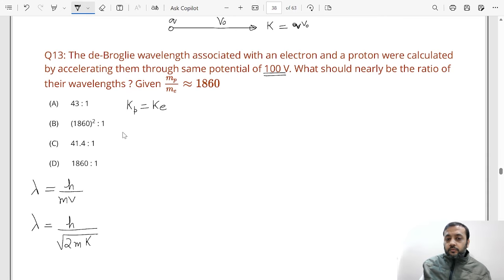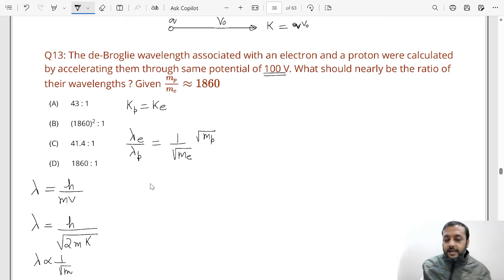All right, so h is the same for both because h is Planck's constant, and K is the same for both. Only mass is different. Lambda of the first particle is electron, second particle is proton. That means lambda of electron to lambda of proton will be basically 1 upon under root of mass of electron to 1 upon under root of mass of proton, because lambda is inversely proportional to under root of mass if we have the same kinetic energy.